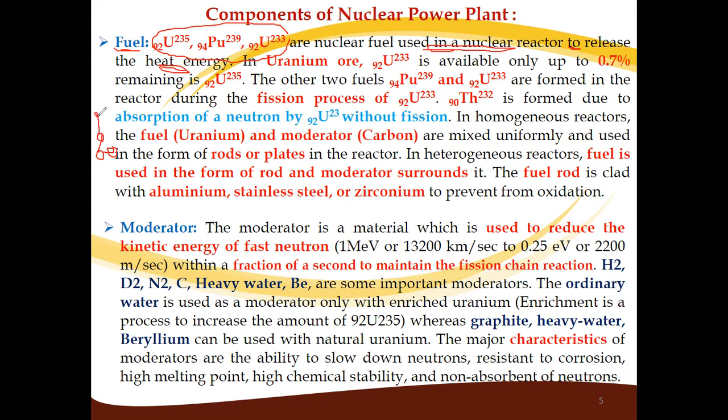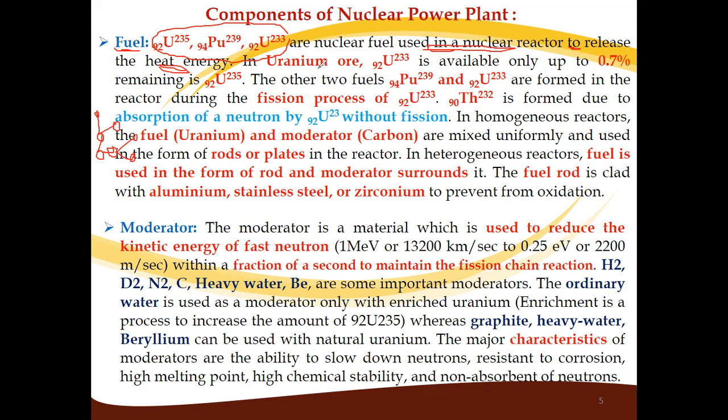Similarly, again this atom will split into two parts, and this atom is again splitting into two parts. So this chain reaction goes on. These are the main three nuclear fuels used in nuclear reactions.